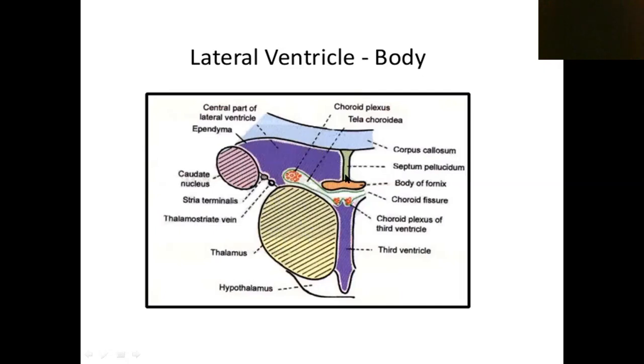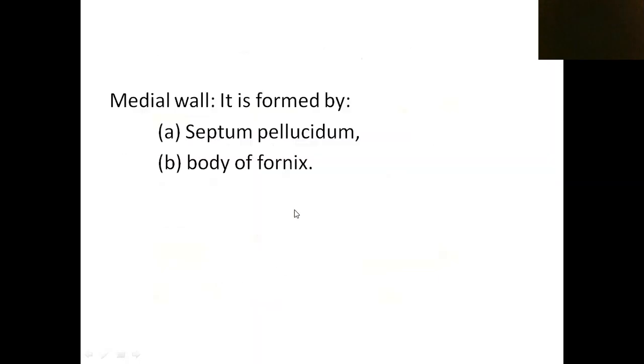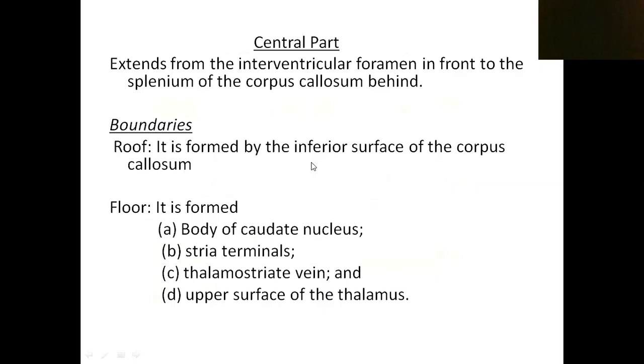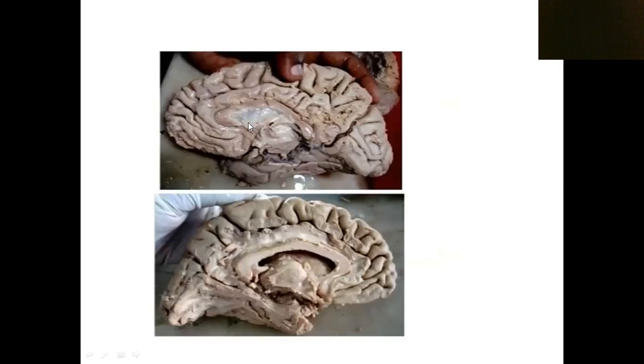Now medially it is bounded by the septum pellucidum. The medial wall of the central part is formed by the septum pellucidum. What is that septum pellucidum? See here in this image, we can see a thin sheet-like structure. This thin sheet-like structure is the septum pellucidum, and here we have removed that septum pellucidum. That's why we can see the lateral ventricle.